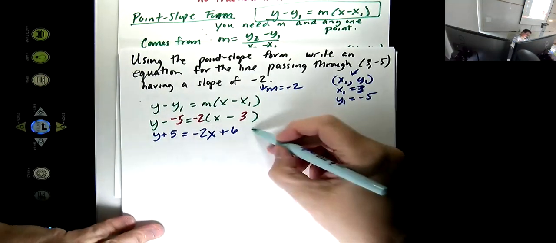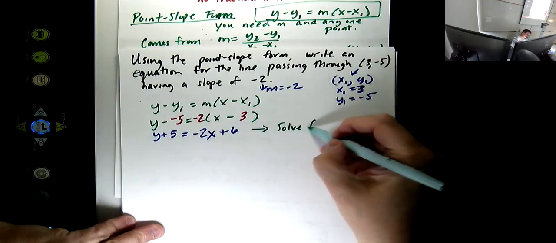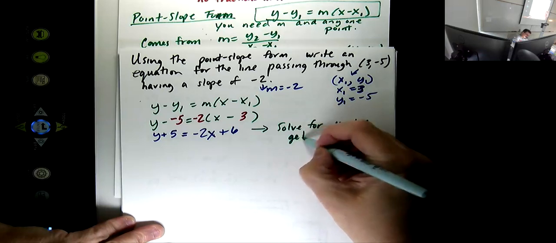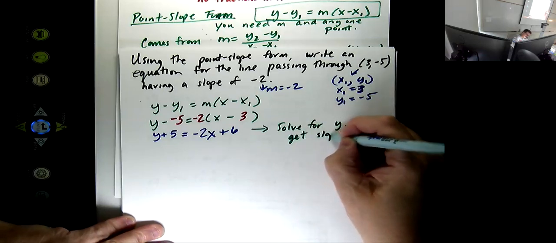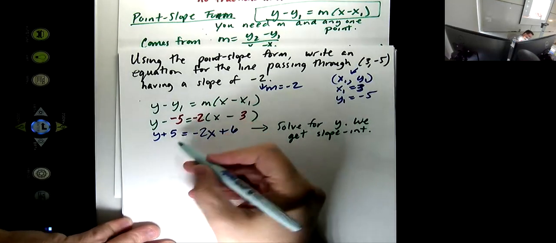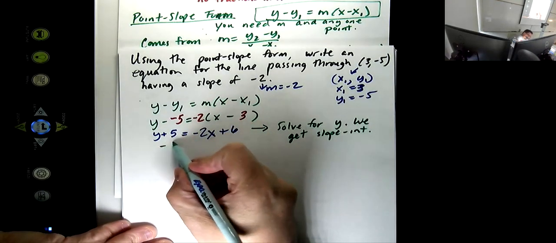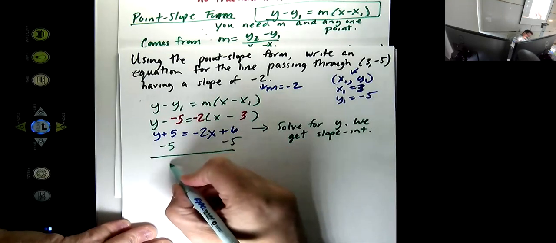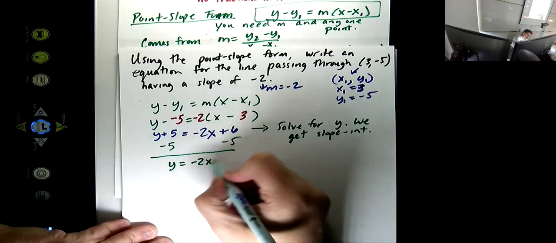Solve for y, and we get slope intercept form. We're going to do the points or slope intercept form on this one in a second. And we get y equals -2x plus 1.